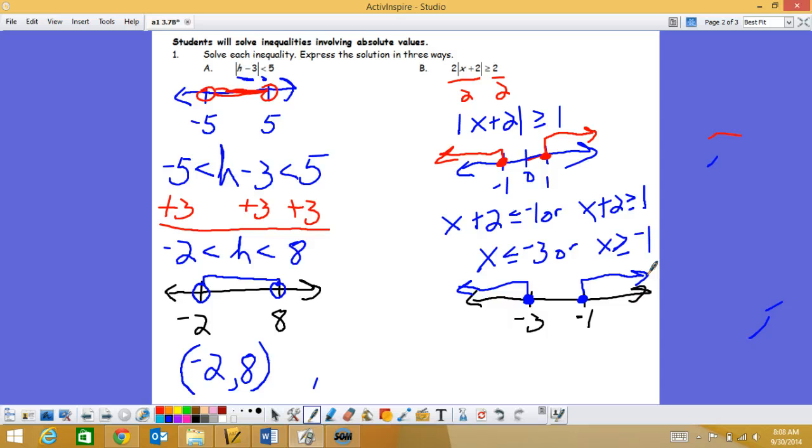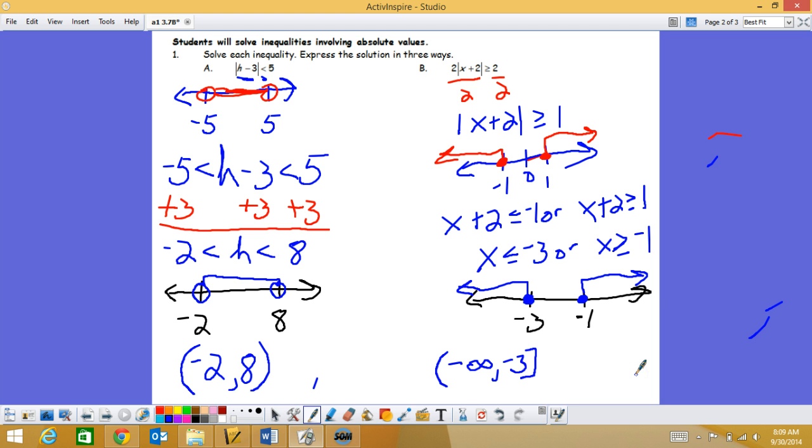And finally, the interval notation for this becomes: the left edge of the graph is negative infinity, and it goes to negative 3, but it includes negative 3. So we put a bracket around negative 3 because of the closed circle. Whenever you deal with infinity, you always use a parenthesis around infinity.